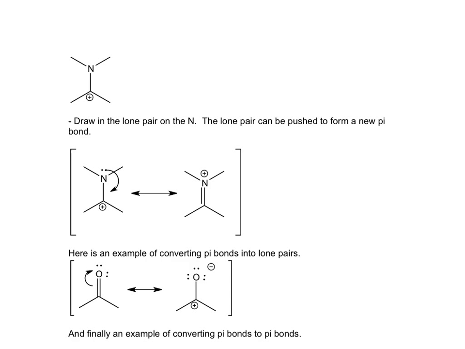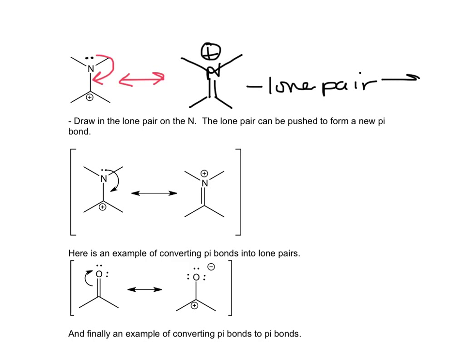So if we look at this example here, let's draw in our lone pairs. We have a lone pair on that nitrogen. Well, we can take this lone pair and push it between the carbon and the nitrogen, and then we now have a positive charge on our nitrogen. So this was an example of taking a lone pair into a pi bond.